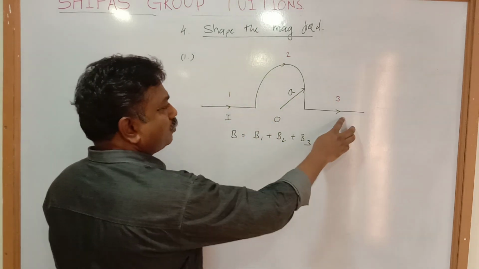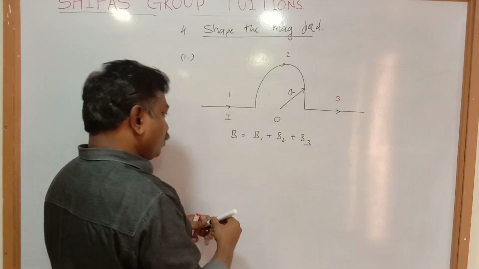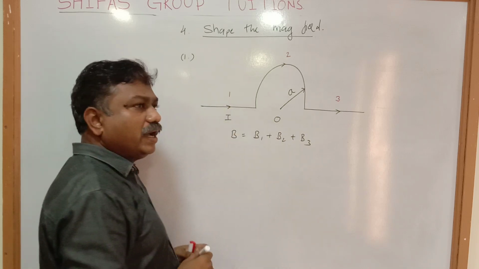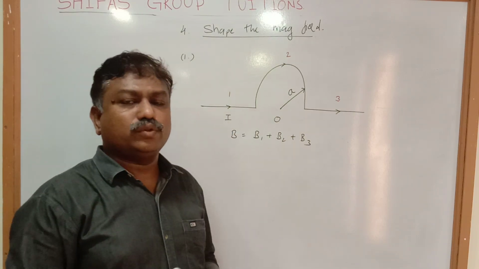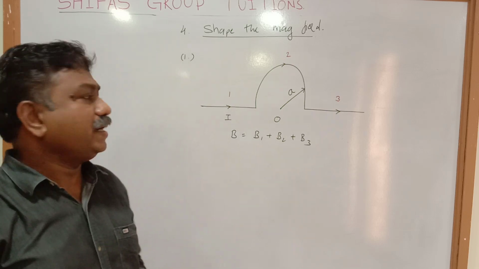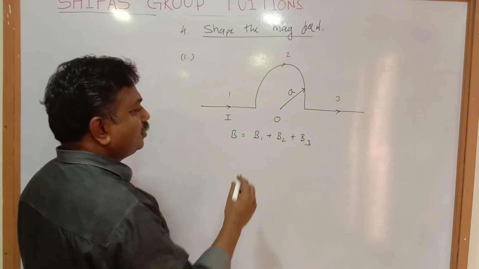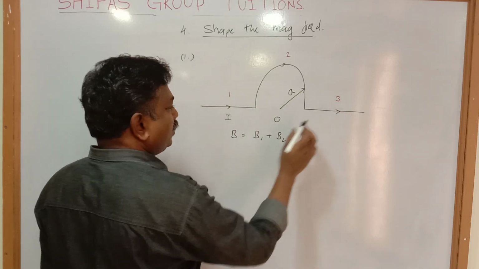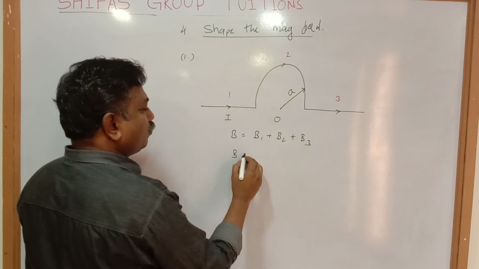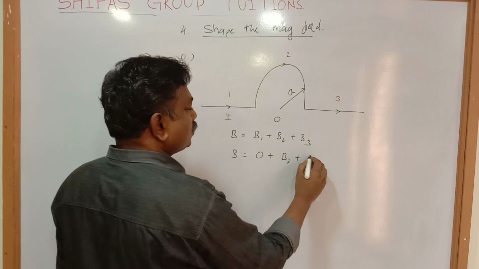For the third part also, the point O is on the wire. So the angles theta 1 and theta 2 are 0, and sine 0 is 0, so the total magnetic field due to part 1 and part 3 is 0. We are left with 0 plus B2 plus 0.